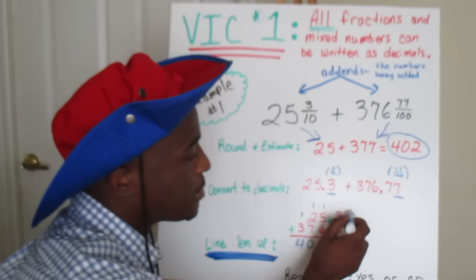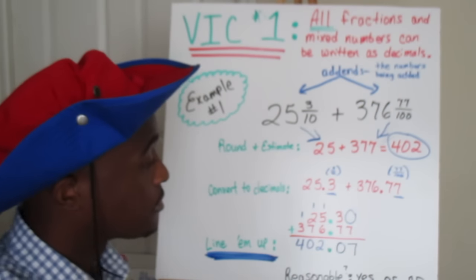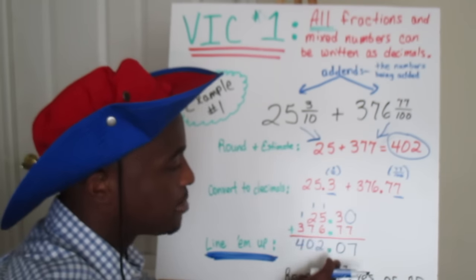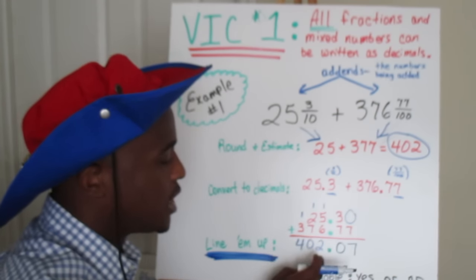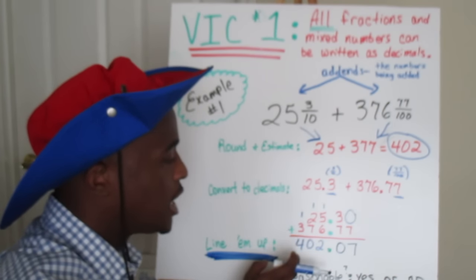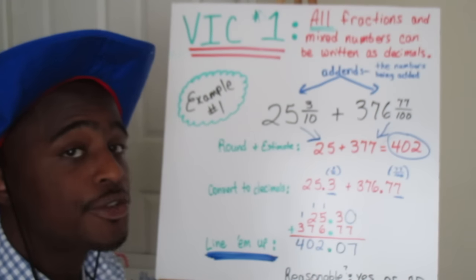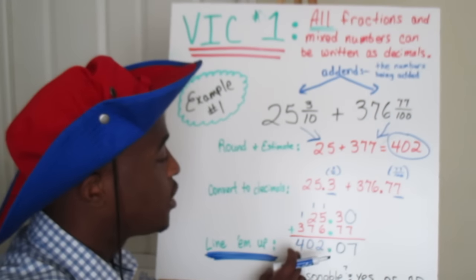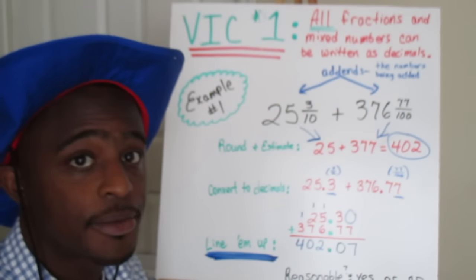You can also put a zero placeholder to help you remember that. I lined up my tenths place, my decimals, my ones place, my tens place, and my hundredths place. When I add the two numbers together, I get 402 and 7 hundredths.